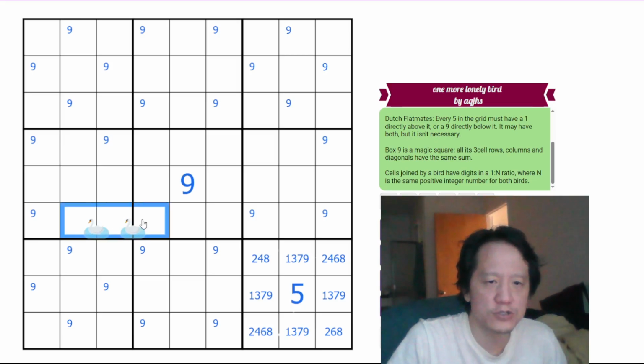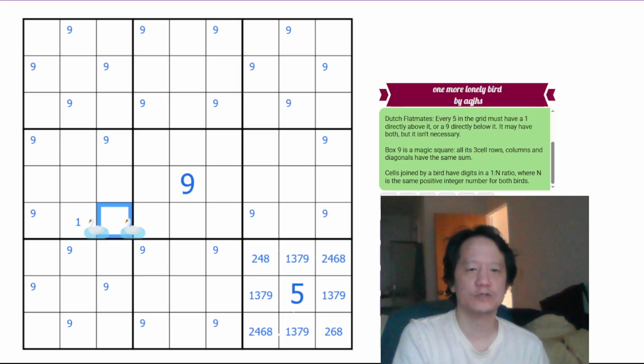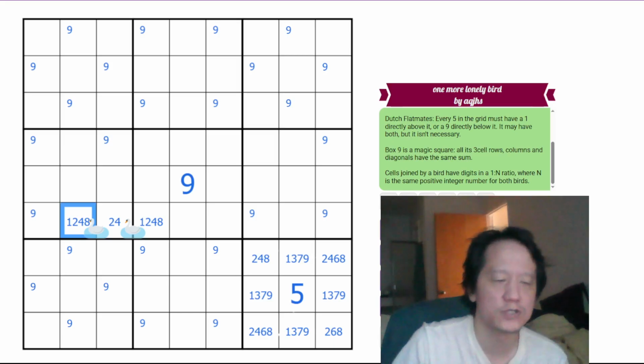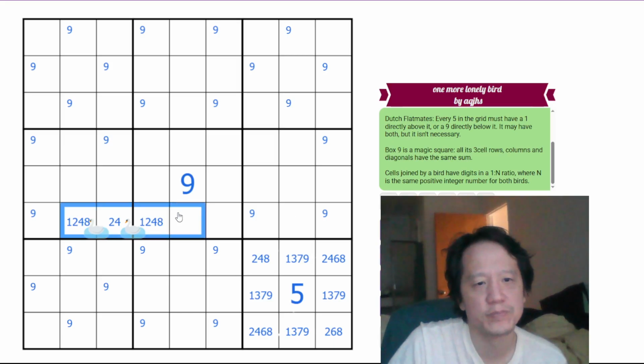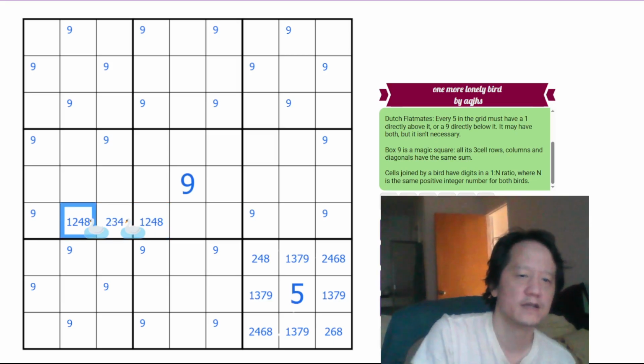It could be 1 to 2, in which case this is 1, 2, and 4, 1, 2, and 4, or 2, 4, and 8, and 2, 4, and 8. Or it's a 1 to 3 ratio, where you have 1, 3, 9. But this cannot be 1, 3, and 9. So this would be 1, 3, and 9 here.